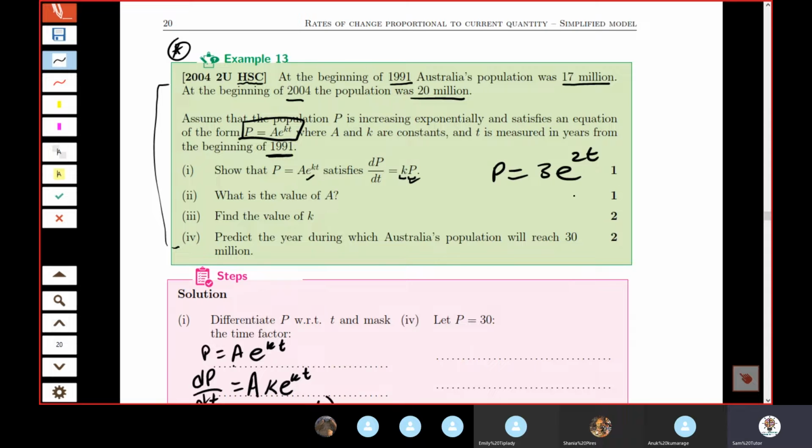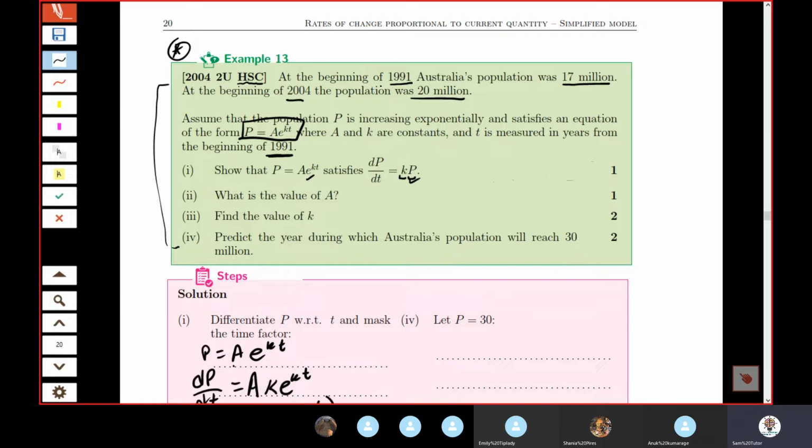Let's just say that. So now if I say, hey, I want to find the population when time is 50, I can just plug it in. Hey, I want to find the population when time is 70, I can sub it in. But the way it looks, I want to find the population when time is 50, well, you're missing A and k. So the logic to all of these questions will be to always find A and k first.